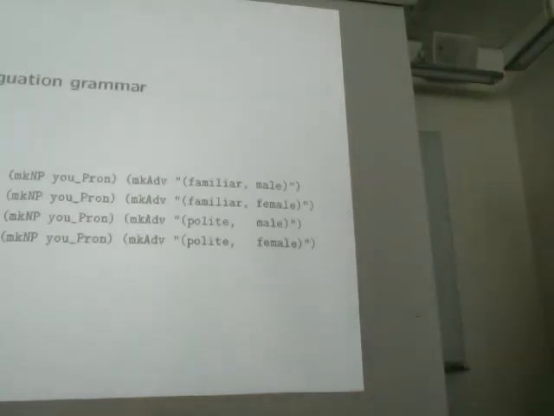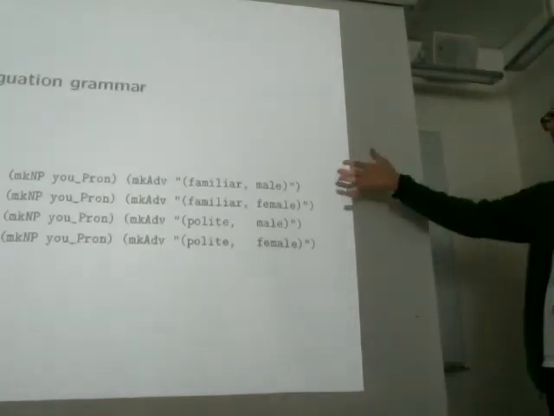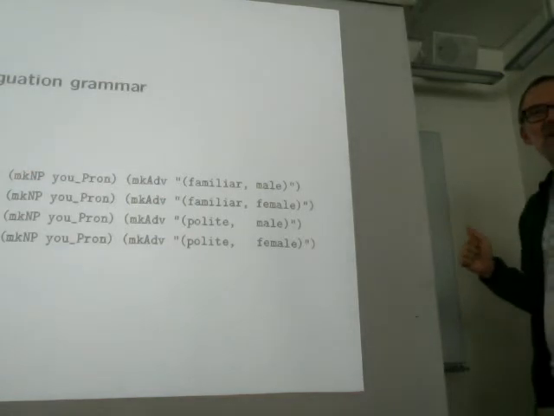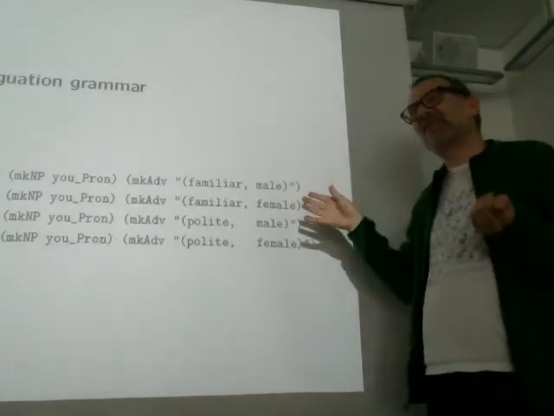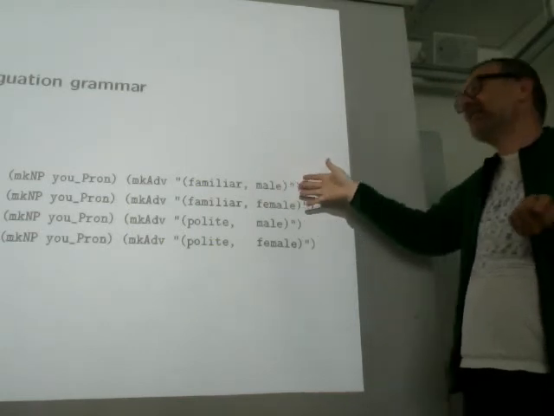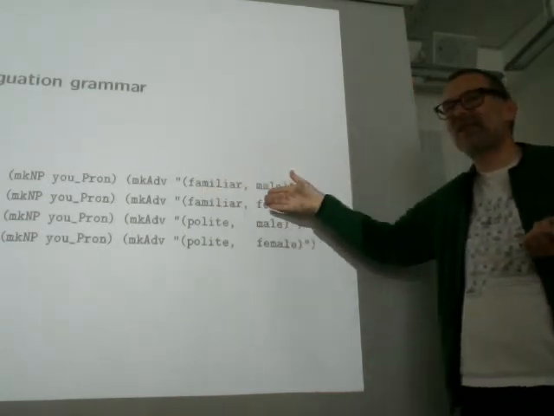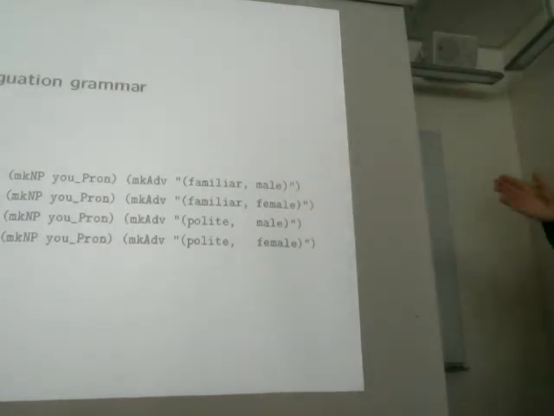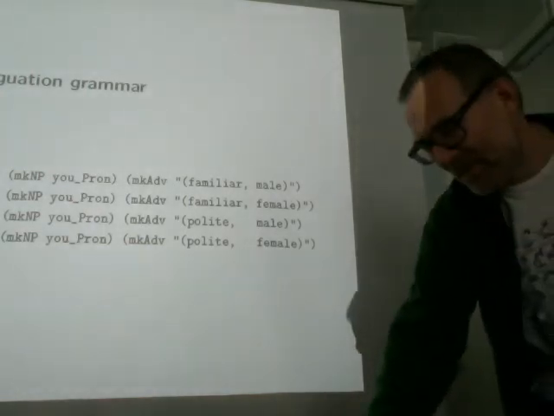But then you add one more concrete syntax, which is an English disambiguation grammar, which is similar to English grammar in almost all respects, except that for the things that are ambiguous, you get a kind of feedback string which tells you: do you mean familiar or polite? Do you mean male or female, and so on.